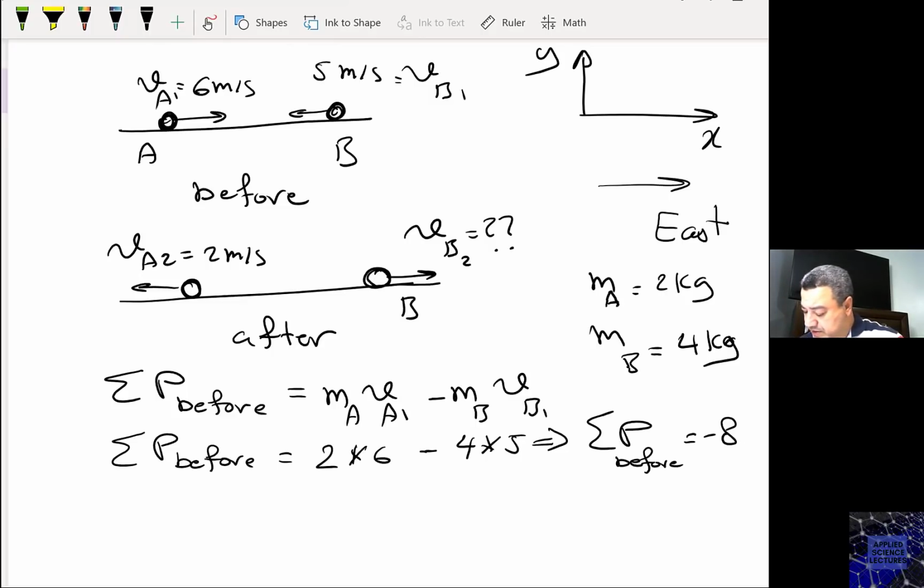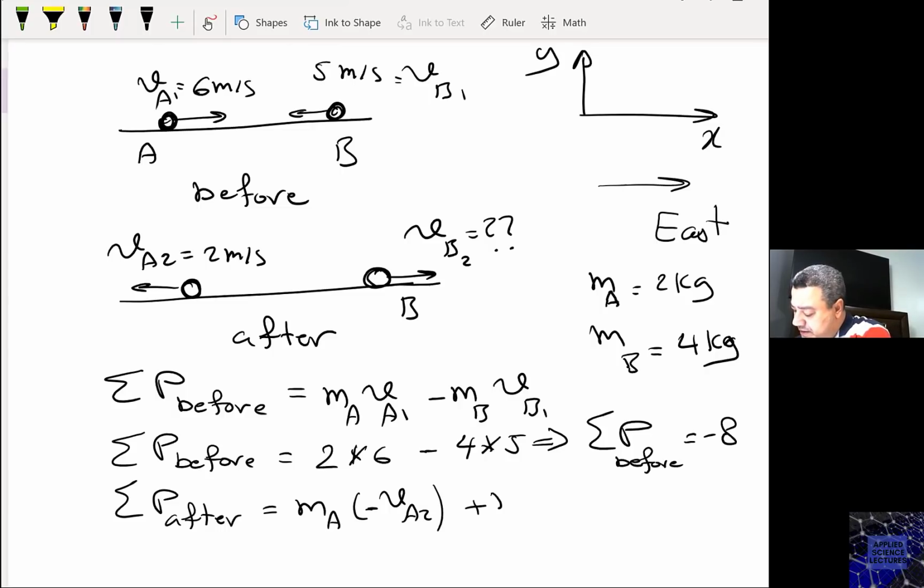Now let's look at sigma p after. What do I have? I have MA. However, this is minus VA2, change direction. I have plus MB, I have VB2 positive.